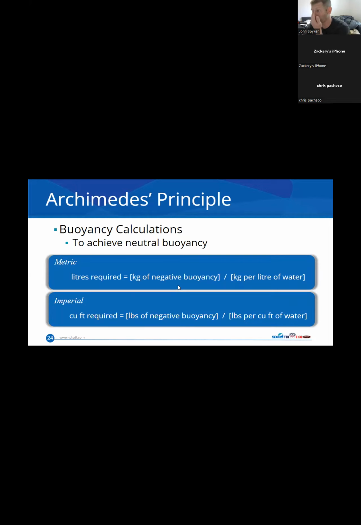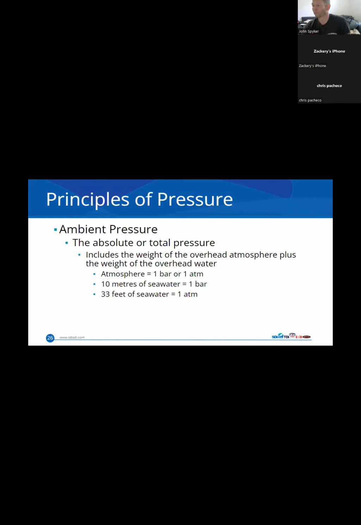So we just went through all this stuff. All right, so 1 atmosphere is 1 bar or 33 feet of salt water. They're all one way to talk about pressure, right?